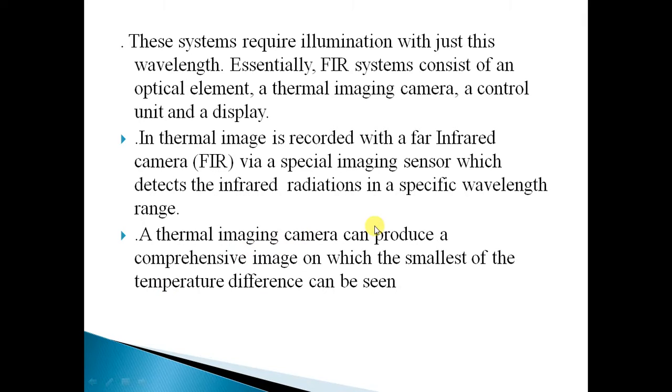This thermal imaging camera produces a comprehensive image on which the smallest temperature difference can be seen. The temperature difference of the pedestrian or the background will be accurately seen by using this thermal imaging camera.